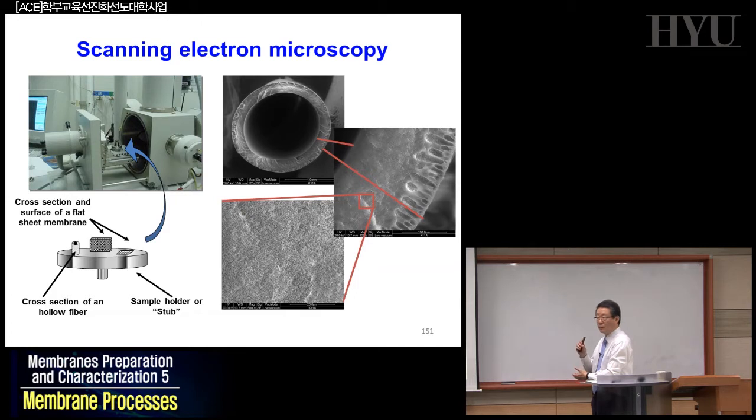TEM actually sees the phase separated structure of your membrane rather than surface property. Okay? So SEM is much more helpful to membranologists in showing the surface layer or the cross section of your membranes.